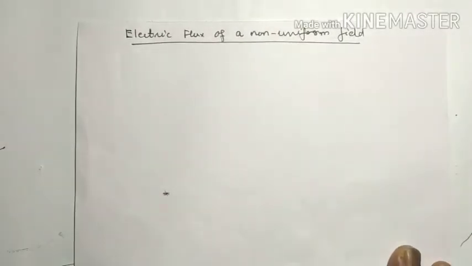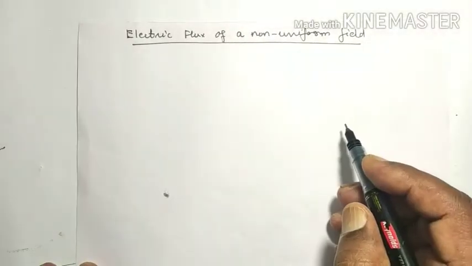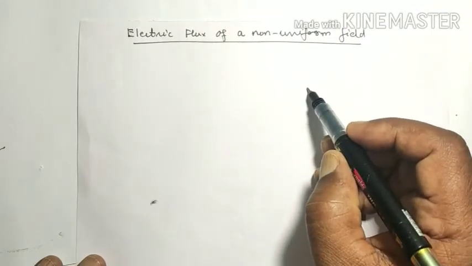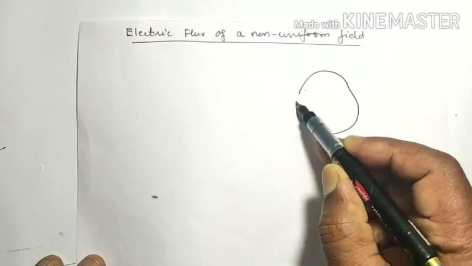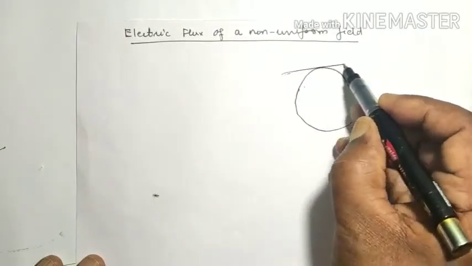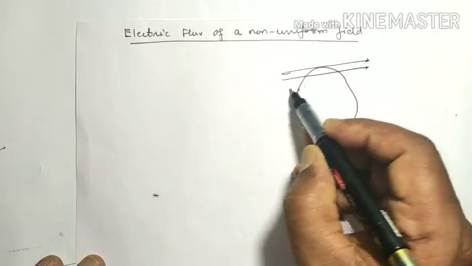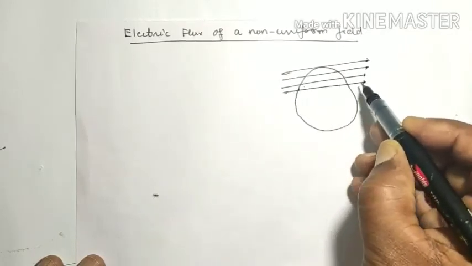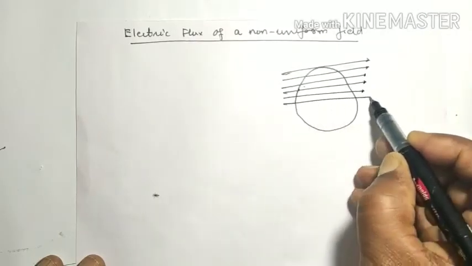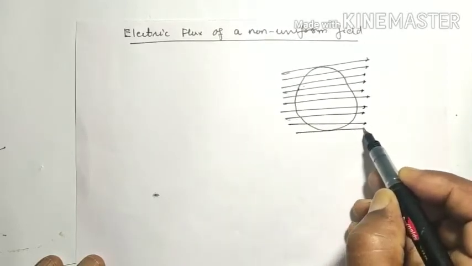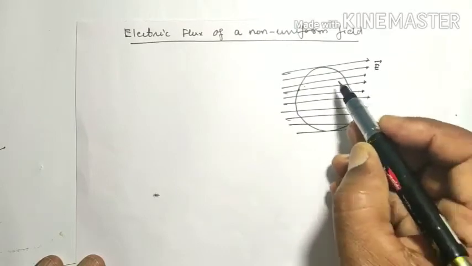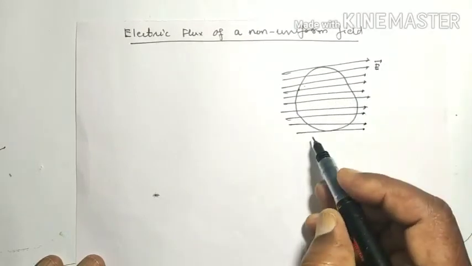Let us define electric flux of a non-uniform electric field. In this case, we consider an arbitrary curved surface placed in a non-uniform electric field. This is E. Electric field varies from point to point.